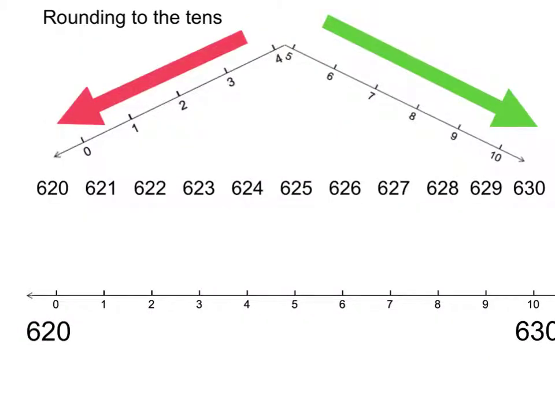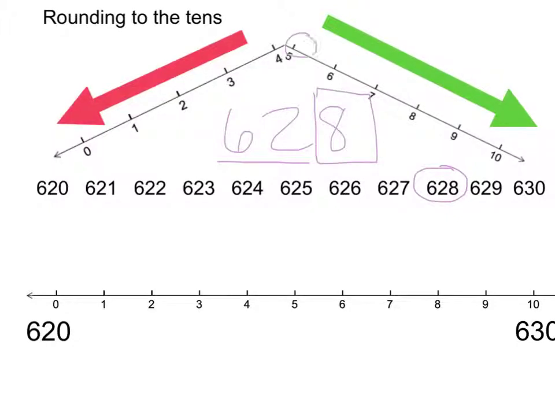When we look at the number line, we will round the 628 to the nearest tens. We underline the 2, put a box around the 8. The 8 follows the rule of 5 or higher.